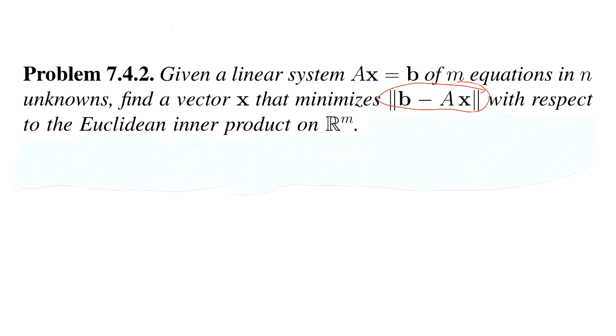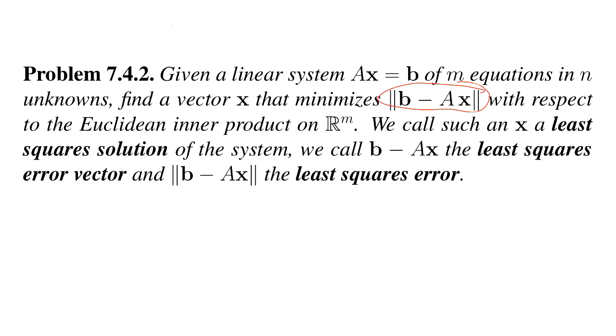And the next best thing is, all right, there's no x that actually satisfies Ax equals B, but let's pick an x that makes Ax as close to B as possible. Okay? That's a pretty sensible thing to do. If your system doesn't have any solutions, you just pick an x that's as close as possible to being a solution. And this is what we call a least squares solution.